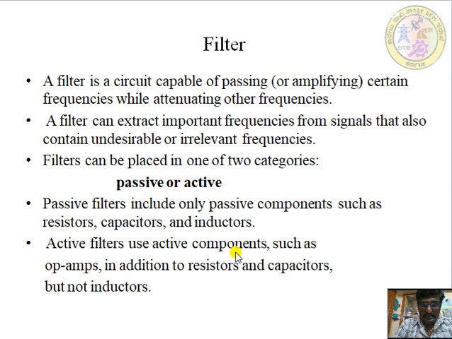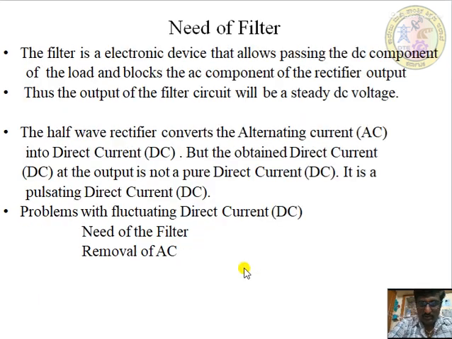That is, in passive we use resistors, capacitors and inductors, but in active, along with the op amp, we use resistors and capacitors but not inductors.